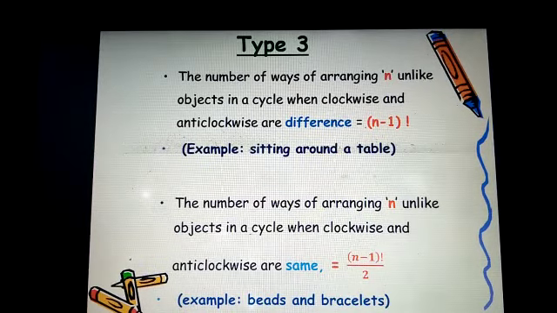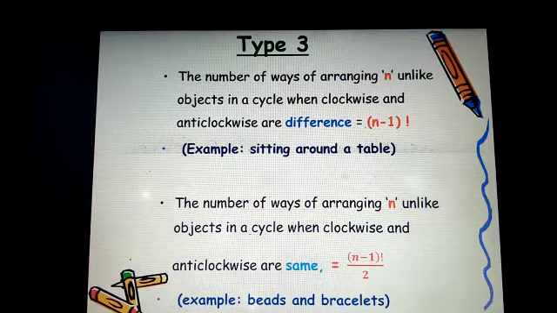For type 3, it's all about circular arrangements. The first goes like this. The number of ways of arranging n unlike objects in a circle when clockwise and anti-clockwise are different is given by n minus 1 factorial.